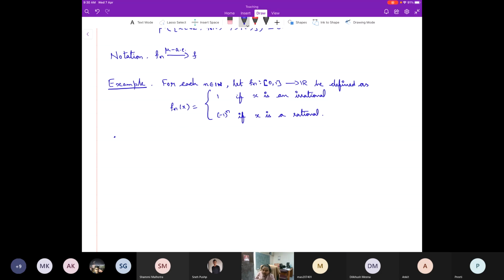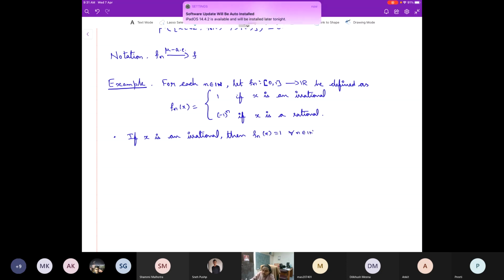So first thing that you can observe is that if x is an irrational number, then what will happen to f_n(x)? f_n(x) is 1 for all n in N. Therefore f_n(x) converges to 1.